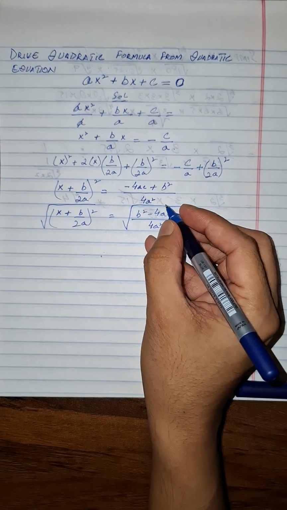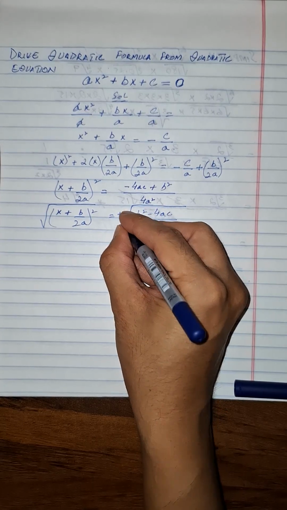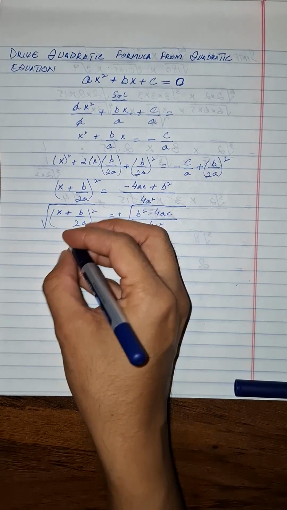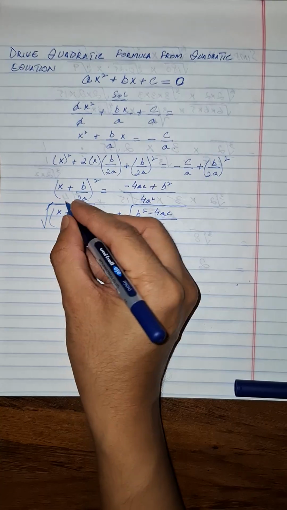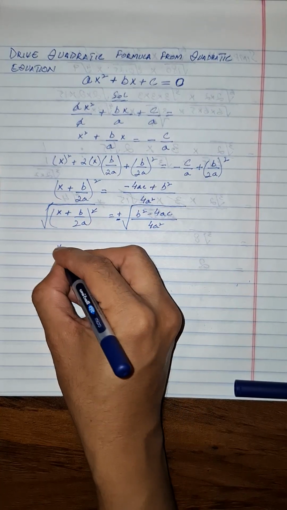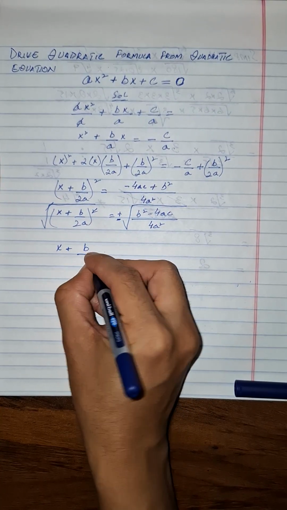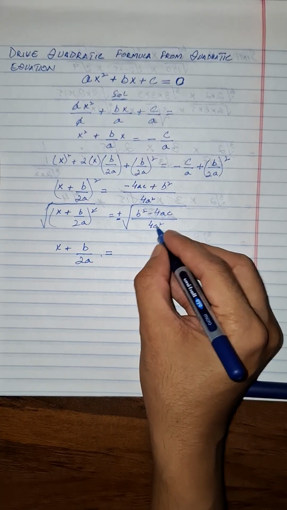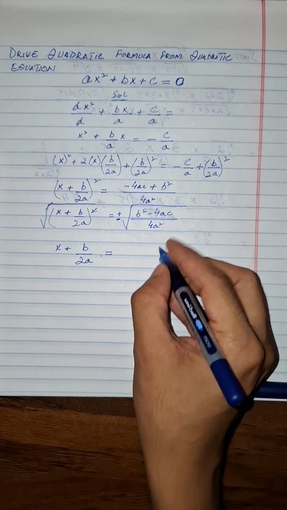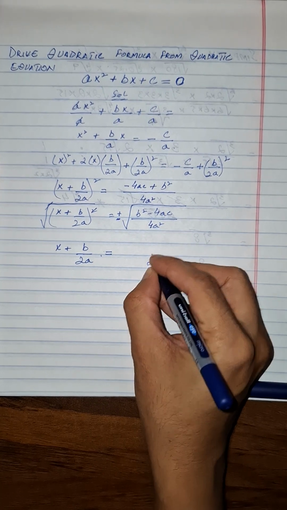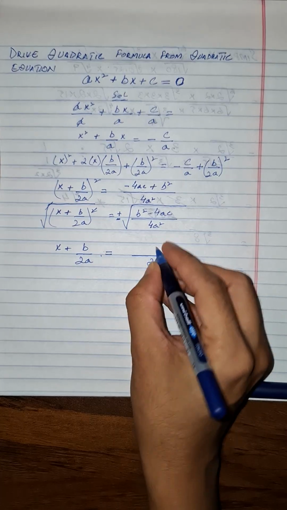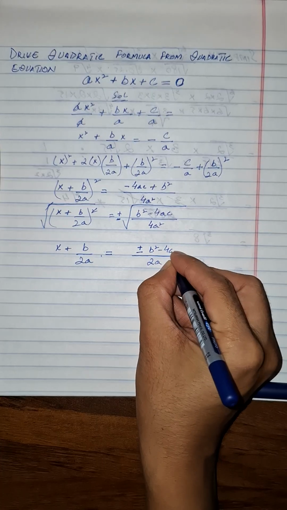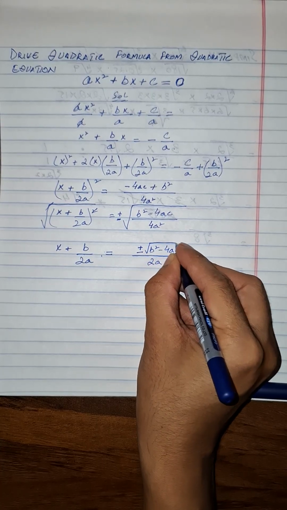So we'll be having a value that will be having plus and minus whenever it comes out from the square root, right? So this square will be cancelled out with the square root and we'll be having x plus b upon 2a is equals to, so this is whole square, 2a whole square, so we can write it 2a upon plus minus b square minus 4ac, right?